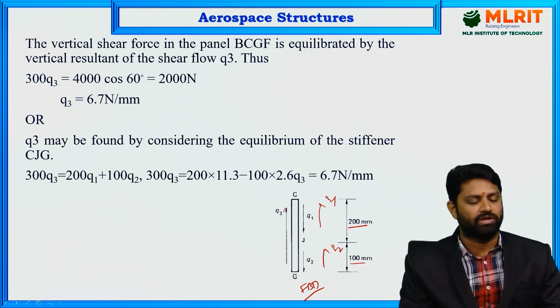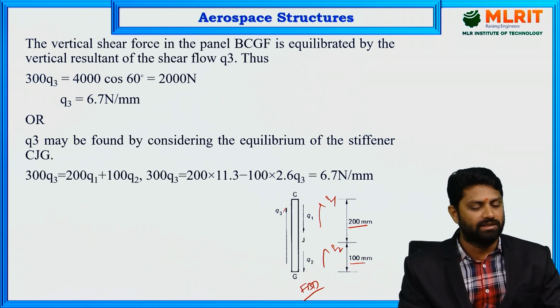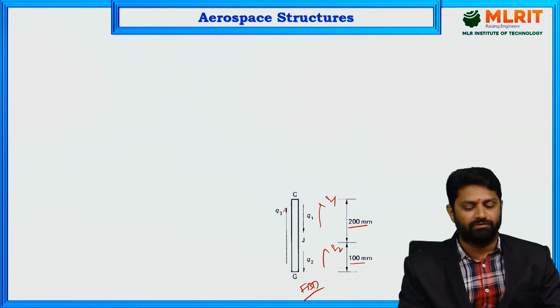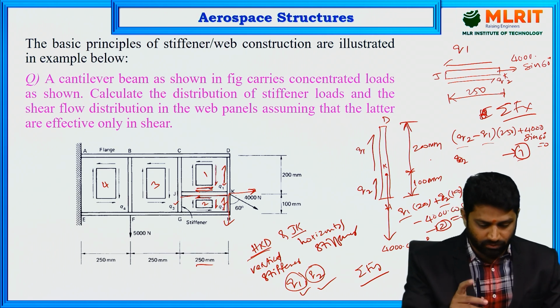When you try to write this problem, if you look at the main diagram, there are two ways of finding this. So what are the two ways?